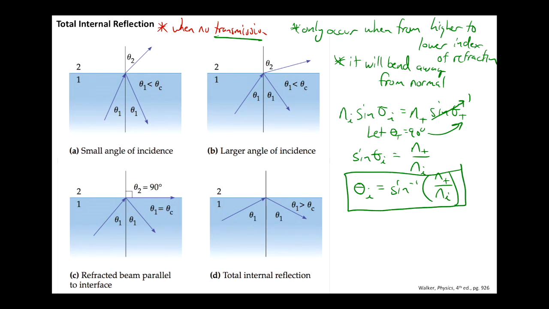This we could say is the angle of incidence where total internal reflection begins, because now the transmission angle is 90 degrees.